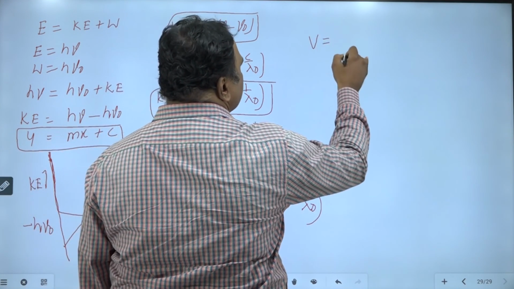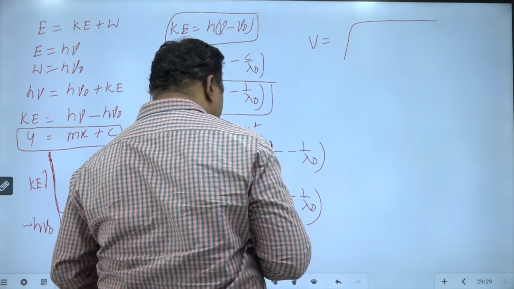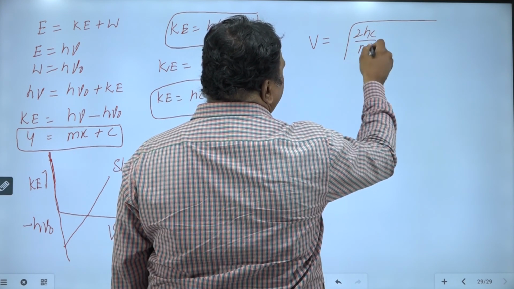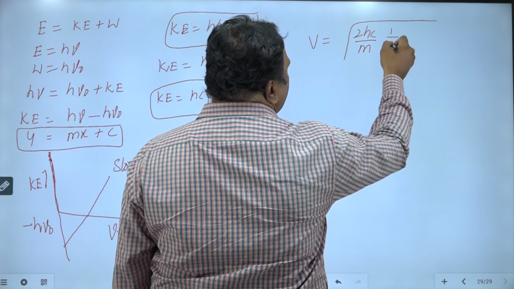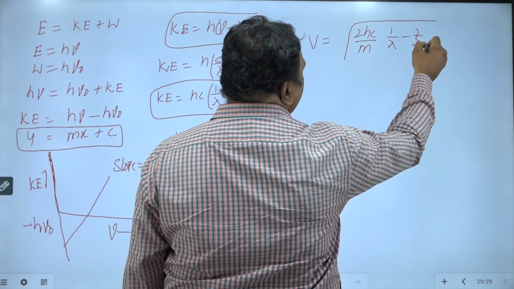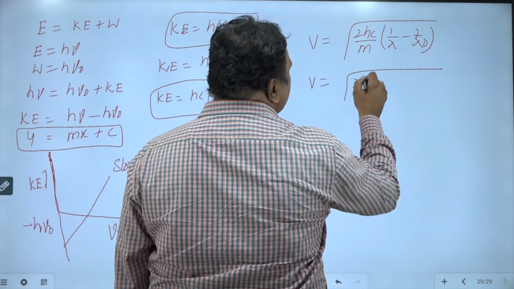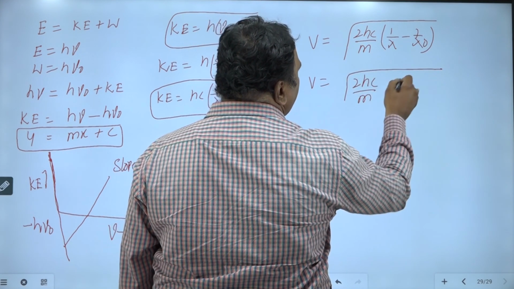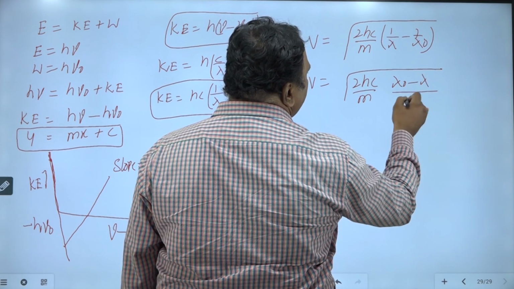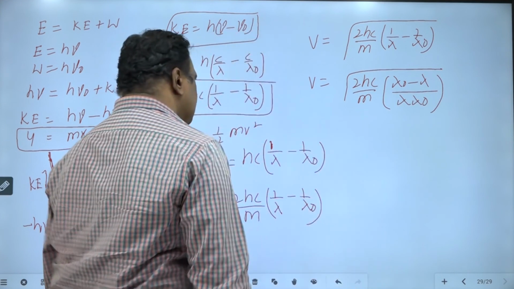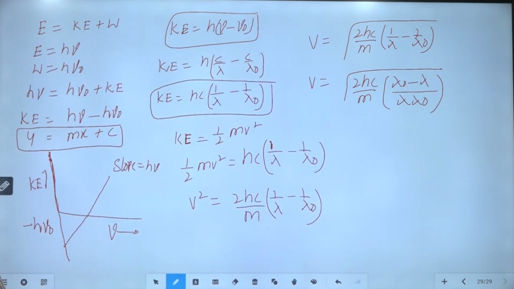Now V is equal to square root of 2hc by m into 1 by lambda minus 1 by lambda naught, or V is equal to square root of 2hc by m into lambda naught minus lambda by lambda into lambda naught. These are the mathematical forms, the formulas for photoelectric effect.